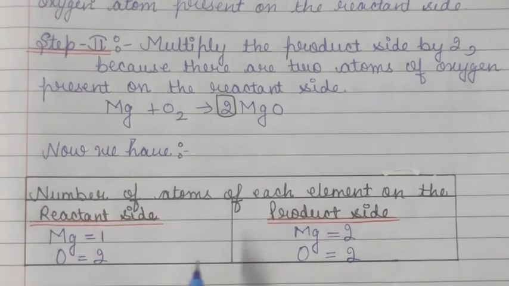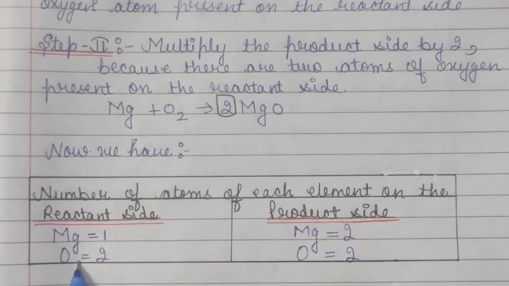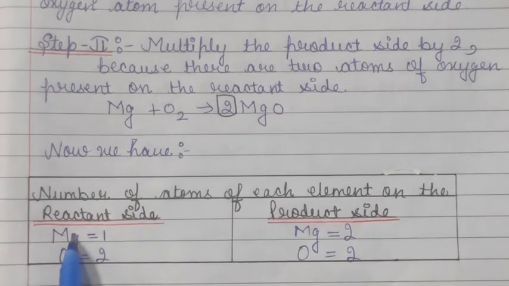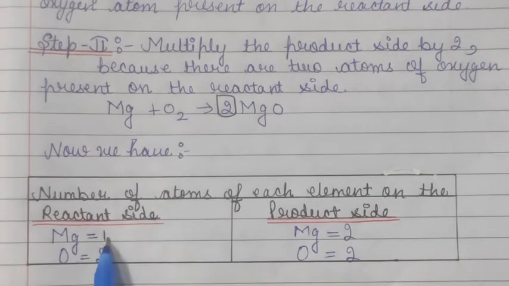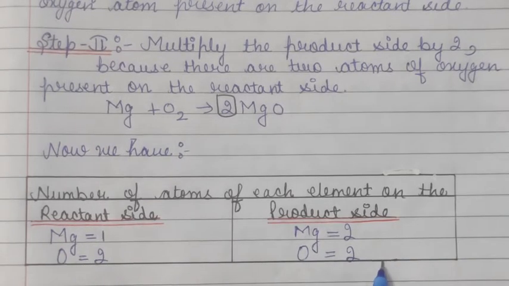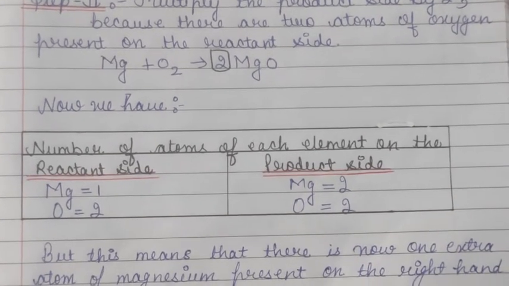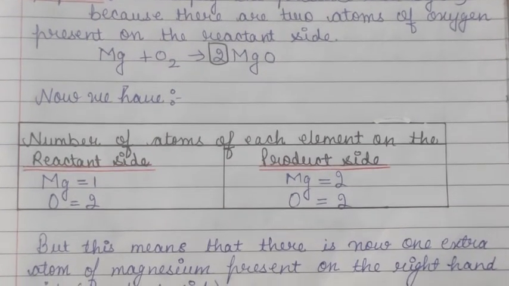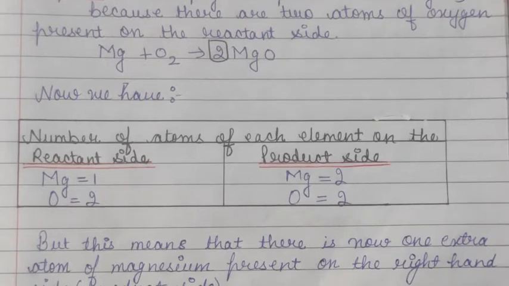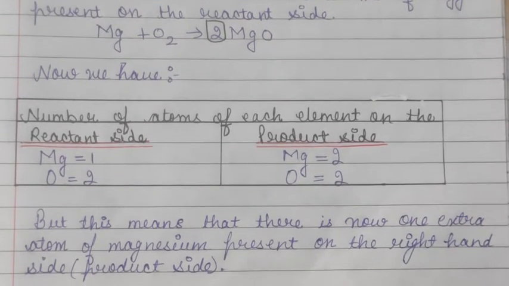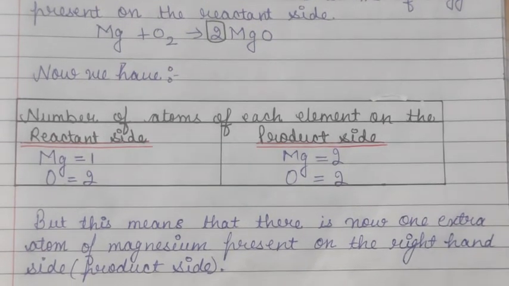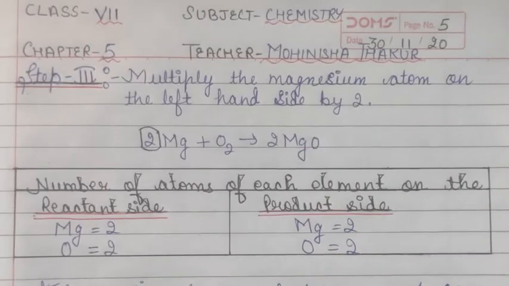You may observe in this table, students, on the reactant side magnesium is equal to 1 and oxygen is equal to 2. On the product side, magnesium is equal to 2 and oxygen is equal to 2. But this means that there is now one extra atom of magnesium present on the product side. Step 3.